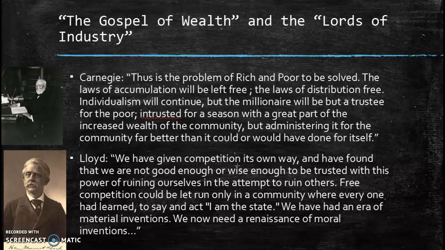Free competition could be let run only in a community where everyone had learned to say and act, I am the state. And what he means is only in a situation where every single person was thinking about the common good could truly free competition really lead to good.